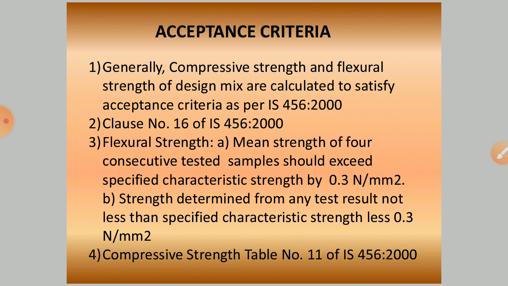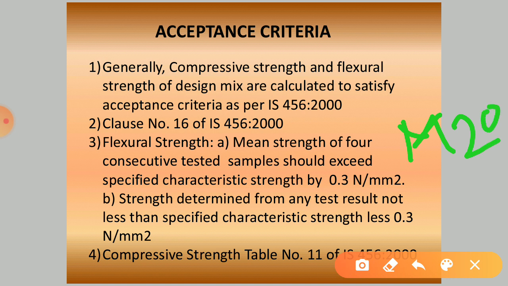Acceptance criteria means, suppose you have used M20 grade of concrete. As per nominal mix, the proportion should be 1:1.5:3. It means if you use this proportion and cast a cube, that cube should have a strength at 28 days of minimum M20.